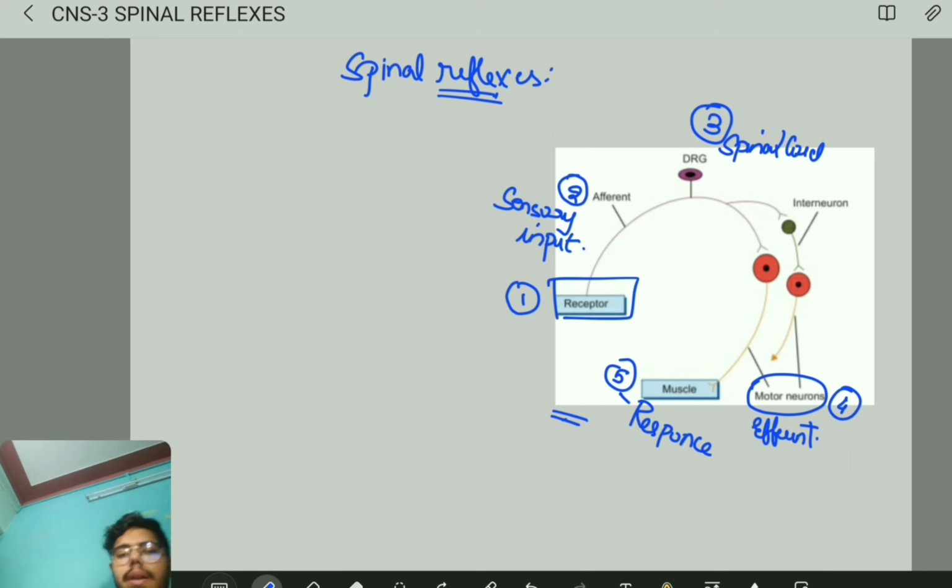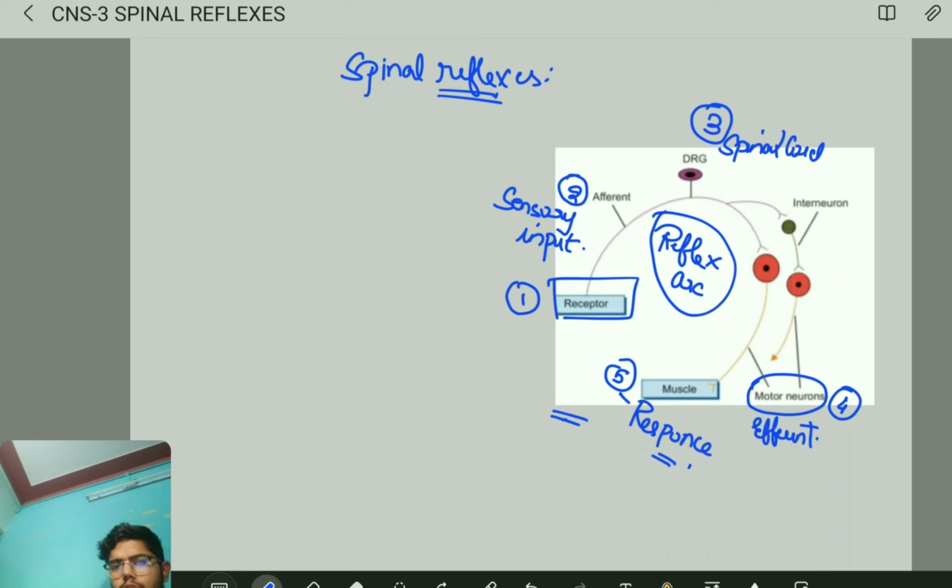Whether it is a muscle contraction or muscle relaxation or any kind of response. This is what we call a reflex arc. So reflex arc has got 5 components: receptor, sensory input, spinal cord, efferent, that is the motor output, and the last one is response.